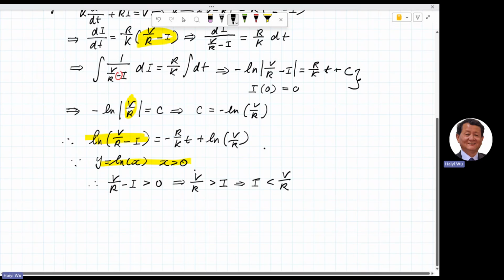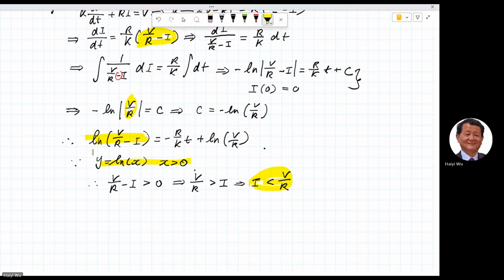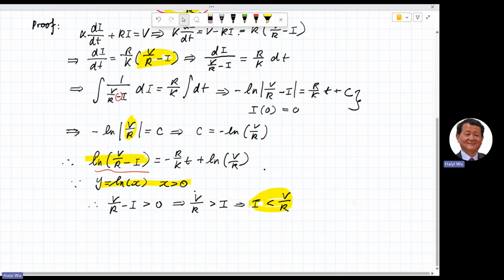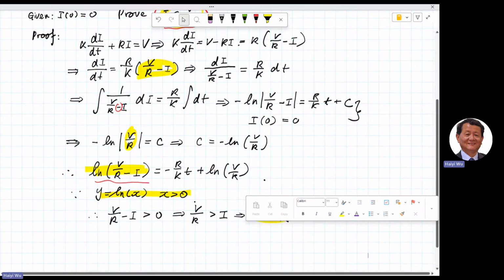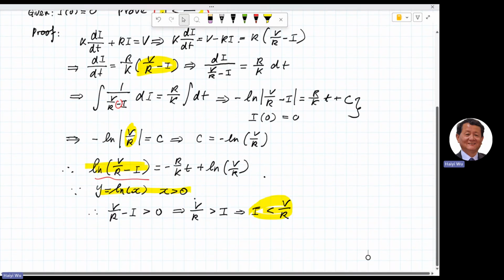We have achieved this particular goal. We needed to prove this, and because of that equation here, we prove that's the case. So we have solved this question.